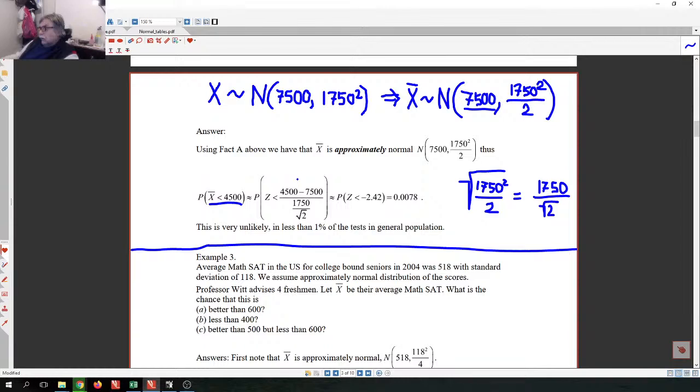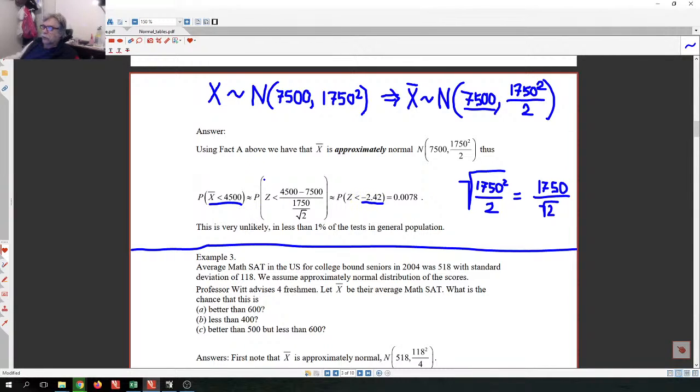So now, calculating this thing here, you end up with approximately negative 2.42. Check it out. You can use your calculator, or you can do it by hand, but you need to find the radical here, divide 1750 by the radical. This is actually 1.41142, something like that. And then you divide this guy with that, and then you subtract this, you're going to get something negative, and then you divide by whatever you calculate on the bottom, and I ended up with negative 2.42.